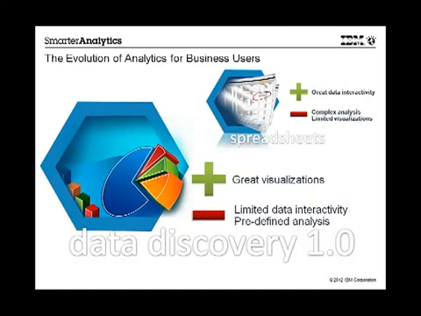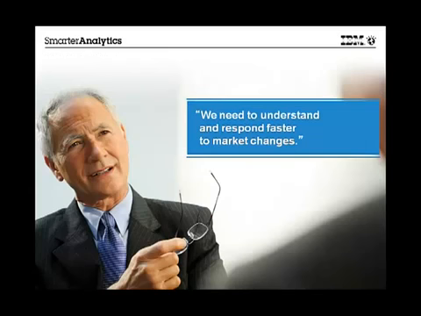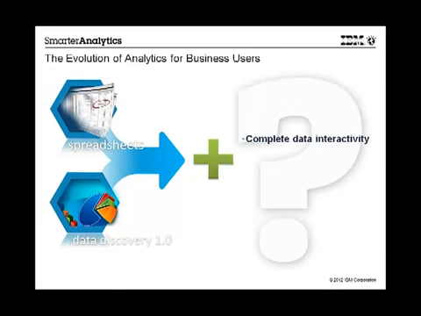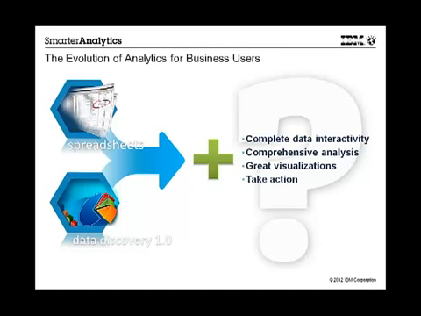So what we saw in the market was an area where we could continue to help our users and customers to understand and make better decisions, but we needed to fulfill this complete data interactivity and analysis and create something that would allow you to do visualizations that are real eye openers, but at the same time very easy to create.